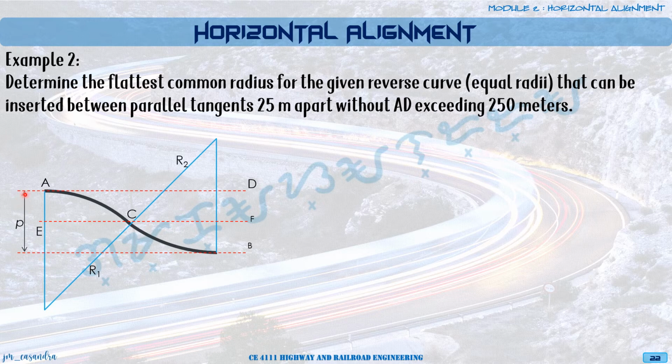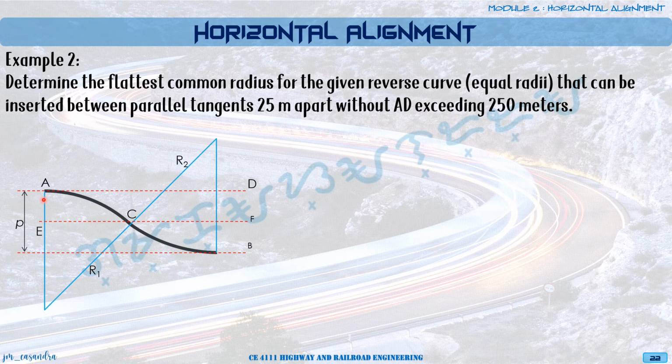So we have here P, the distance between your parallel tangents, without exceeding 250 meters for AD, the linear distance between A and D.